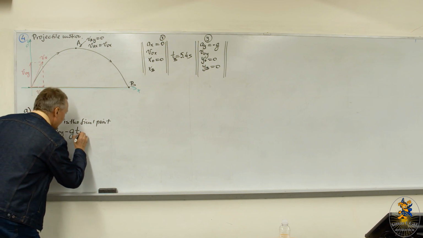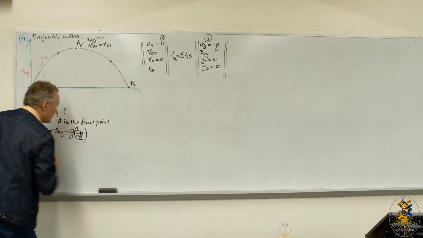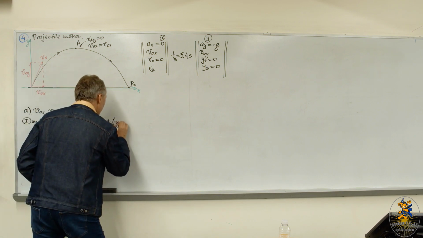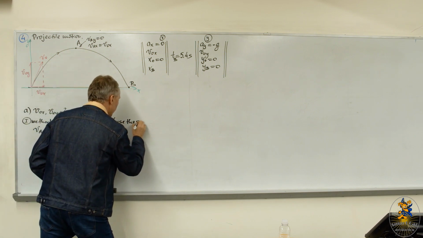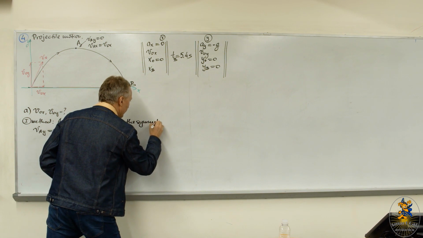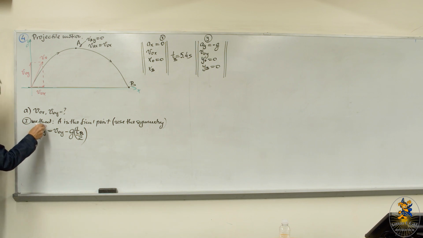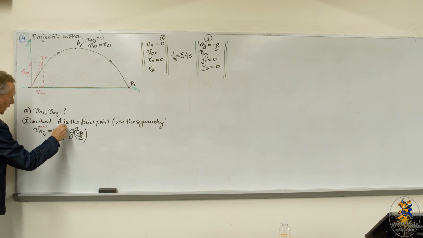So t_B over 2. And over here, let me use the symmetry. Okay, so this is 0. This is our unknown.